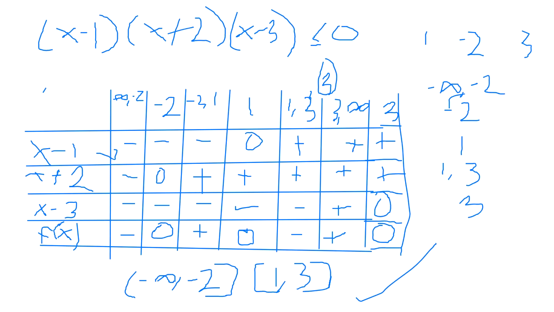Now let's look at our book. Let's go to the next one. Let's look at question 4. We have 1 over x less than x.